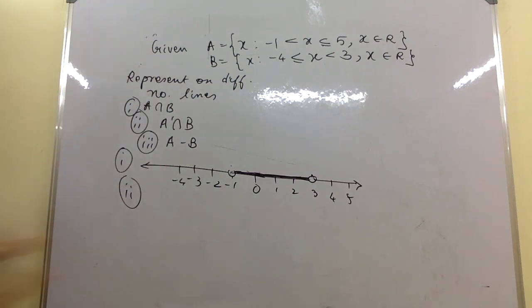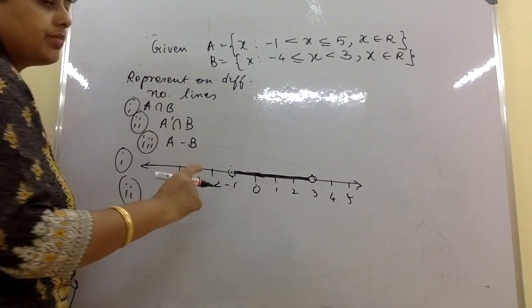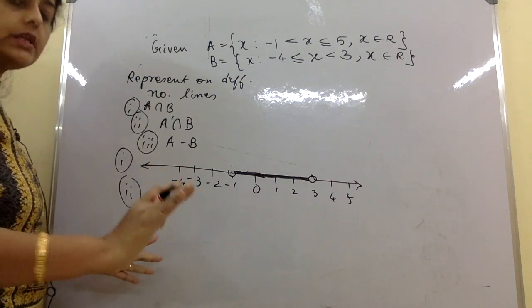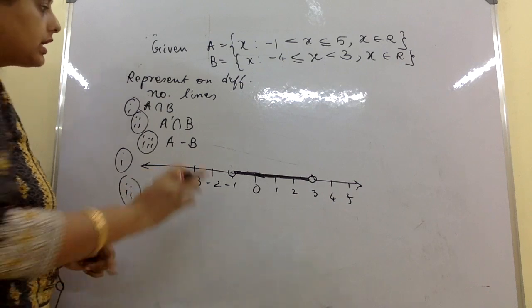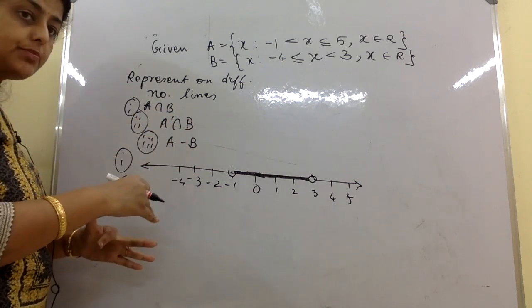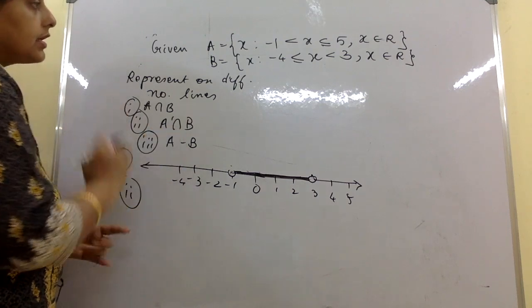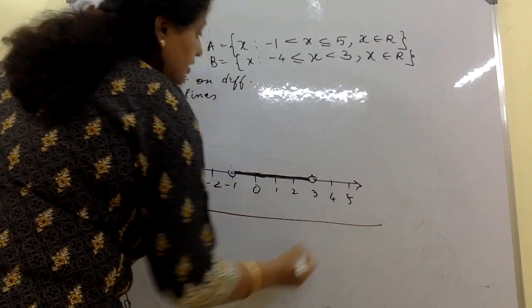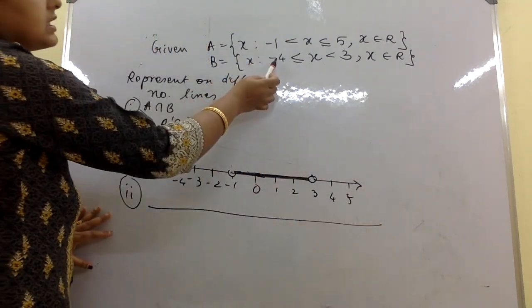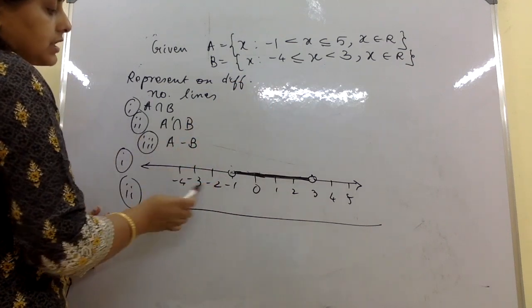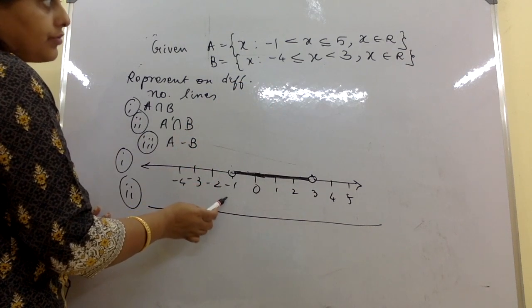Okay, now A complement intersection B. A complement is that set in which none of the elements of A are there. Okay, and intersection B. So with everything outside B, what is intersecting with B? Okay, so it has to intersect with B. So here if I see this portion, it is from minus 4 to minus 1, we'll have to think.